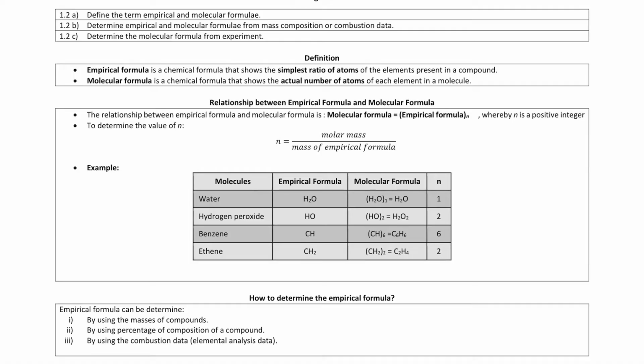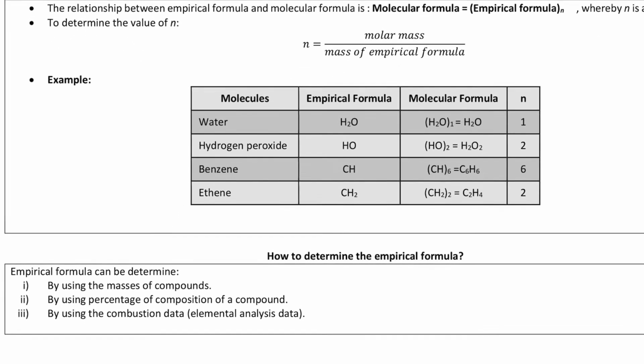Alright, so let us look at this example here. We will start with ethene. The empirical formula, tadi kita cakap dia adalah yang simplest formula, while molecular formula is the actual number of atoms yang dalam formula tersebut. So dalam ethene, simplest formula dia ataupun empirical formula dia adalah CH2.